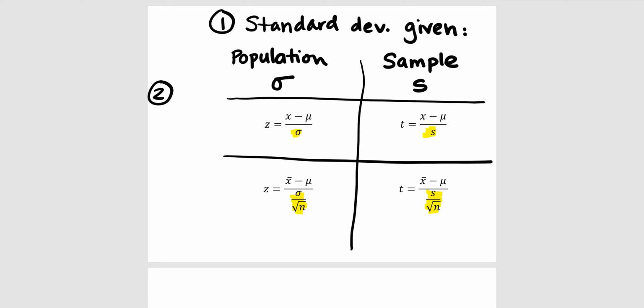In the bottom, this formula down here, the complicated looking one with the square roots, that stands for standard error. Okay? So I'm just going to write a note here. So this guy down here, that's really our standard error.